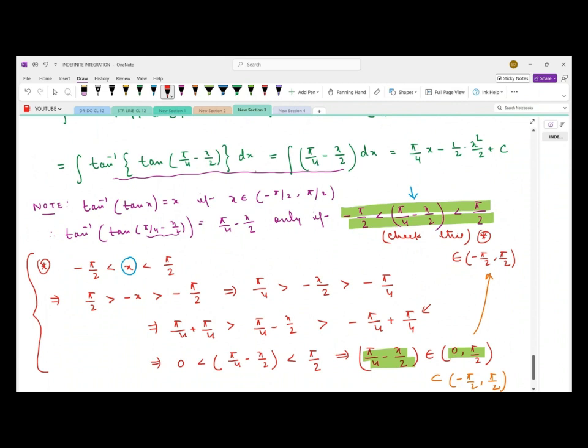When you are doing the original sum, at this particular step where you are actually using this property, there you write that minus pi by 2 less than x less than pi by 2 implies pi by 4 minus x by 2 belongs to minus pi by 2 to pi by 2.